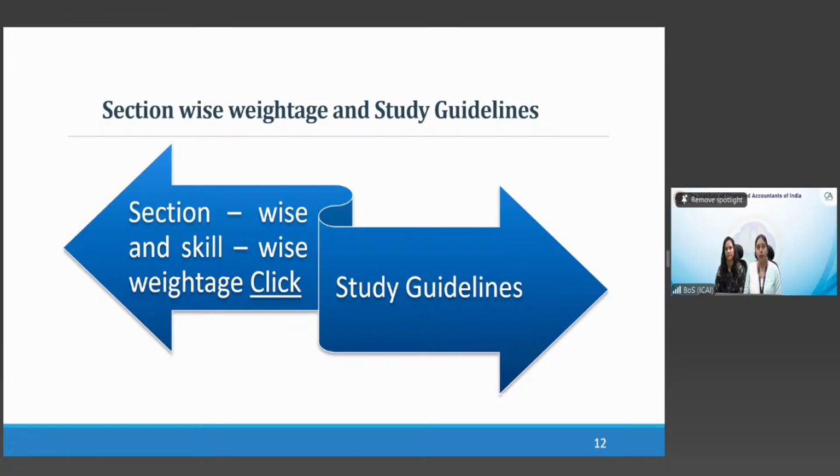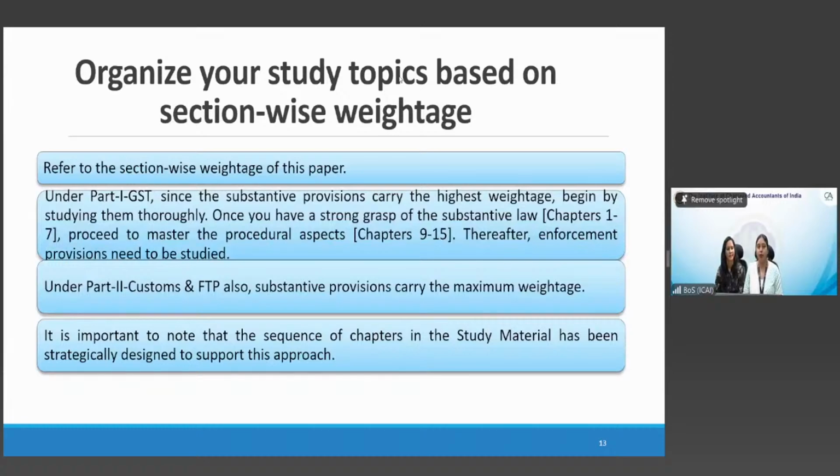So both study guidelines as well as section-wise weightage are available on the BoS knowledge portal. If time permits, we'll take you through the BoS knowledge portal and let you know where you can find them. So please refer to study guidelines as well as section-wise weightage for your studies. For revision also, you should refer to these, as section-wise weightage helps you in prioritizing the topics which you need to study, basically how you plan your study.